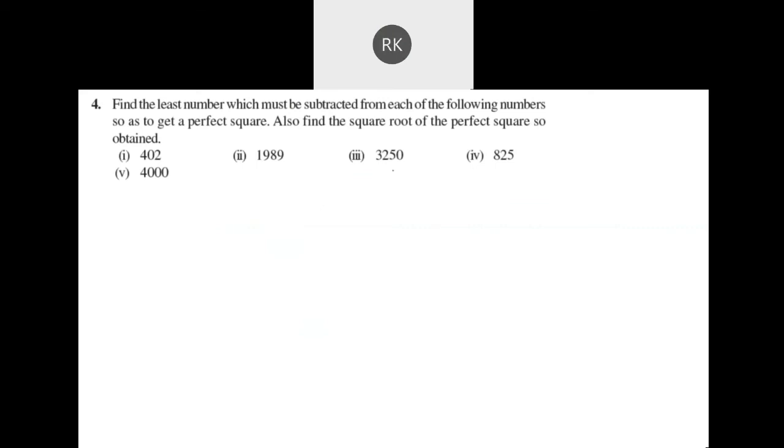Here there is another interesting question. Find the least number which must be subtracted from each of the following so as to get a perfect square. Also find the square root of it. We should do long division, and the remainder should be subtracted so that the number becomes a perfect square.